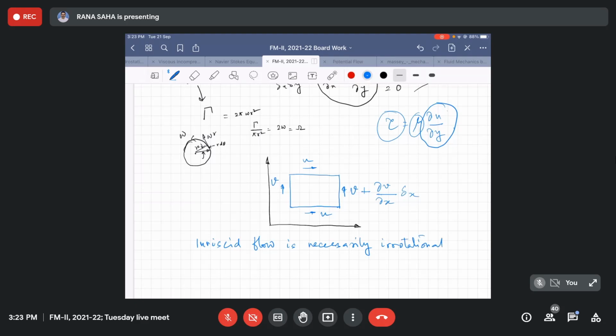All right. So in order to establish this statement, the moment you are saying the flow is inviscid, it should be irrotational if there is no other, because here we do not have any other existence of force apart from the pressure force as the surface force. There is no other body force.